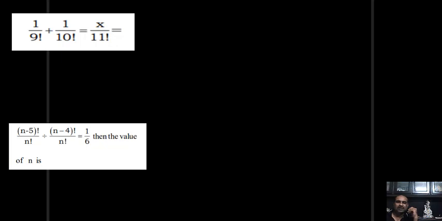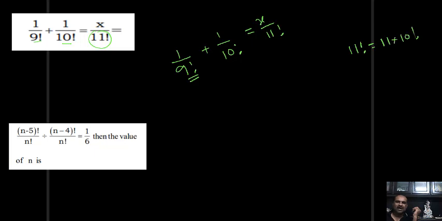Here observe, students, the right side has 11!, and the left has 9! and 10!. On both sides, LHS and RHS, we want to make 11! the denominator. Actually, 11! means 11 into 10!, or in other words 11 into 10 into 9!. So that's why I can write 1/9!, and now I want 10 into 11 for this, that's why 10 into 11.